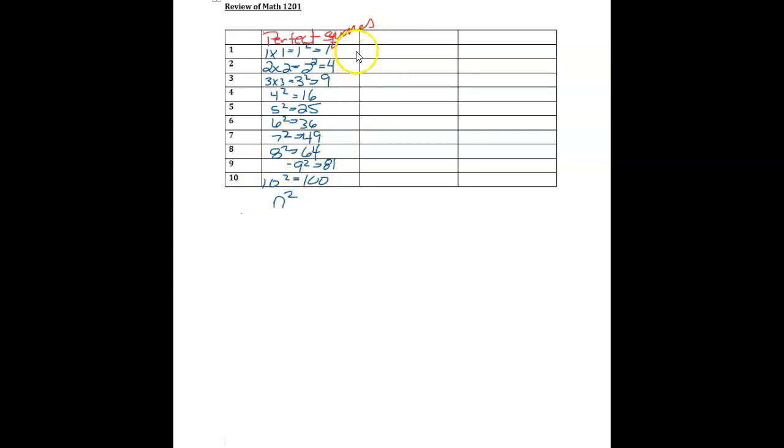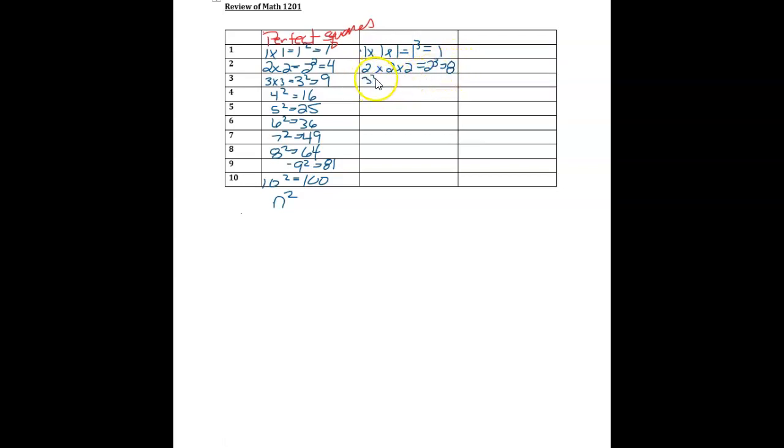And it doesn't have to be just squaring. I mean, you could take a number and multiply it to itself 3 times. So you could have 1 times 1 times 1, or 1 to the power of 3. That's referred to as 1 cubed. 2 times 2 times 2, 2 cubed, or 8.